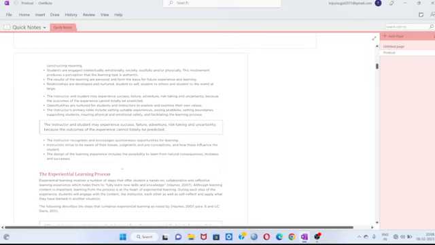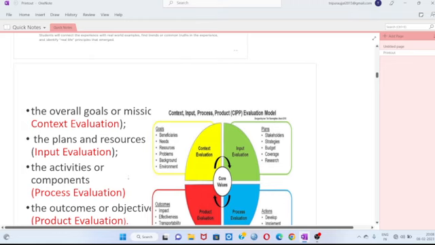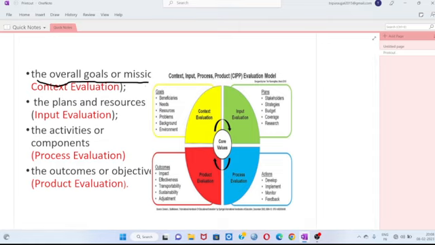Here we can see first the overall goal or mission, the context. Suppose you open a school. Is the school in a proper area, and is it appropriate to implement that curriculum program in that particular school?